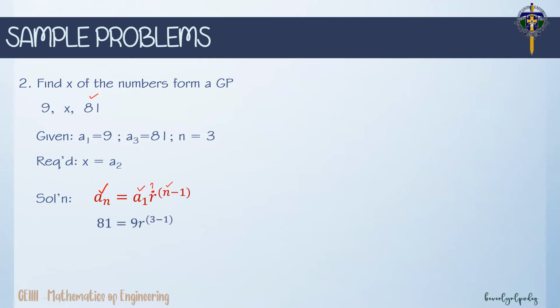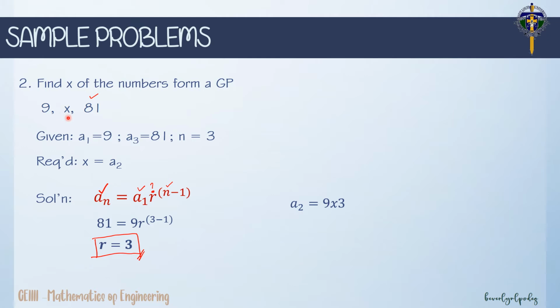Substituting, 81 is equal to 9 multiplied by the ratio raised to, our n is 3, minus 1. Simplifying, the ratio is equal to 3. Since we already know the value of our ratio, we can now get the value of the second term.